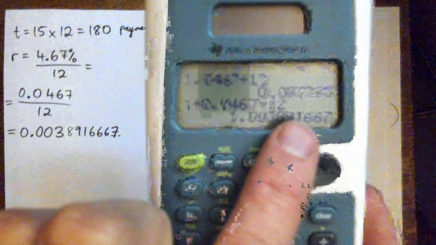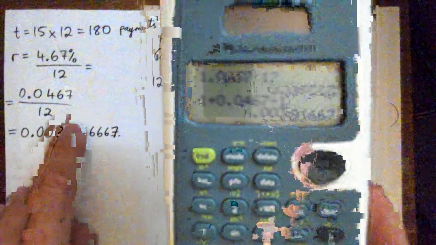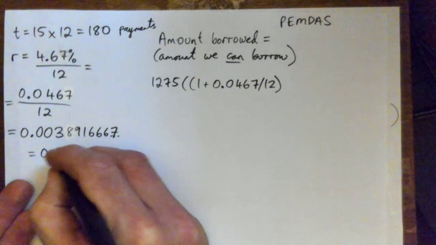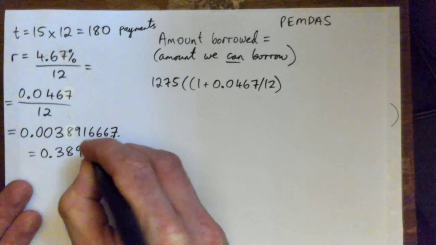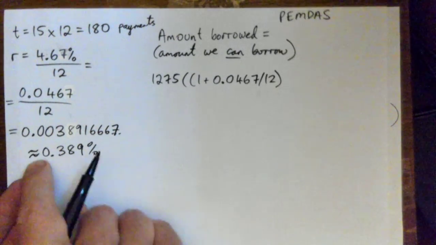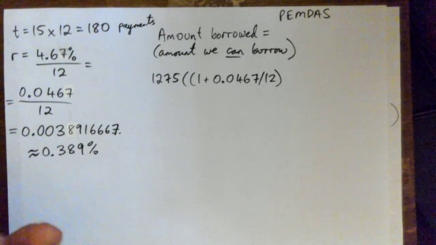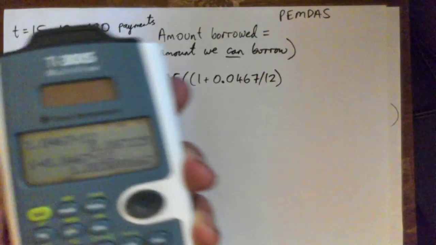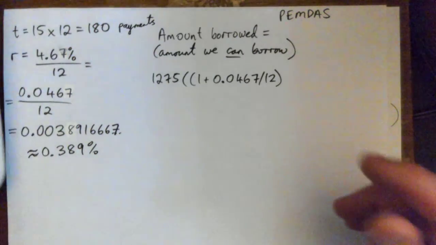This is the interest rate we want, the 0.389%, because that's our monthly interest rate. Approximate interest rate per month is 0.389%. So that's what we want, that is our 1 plus R. That makes sense?